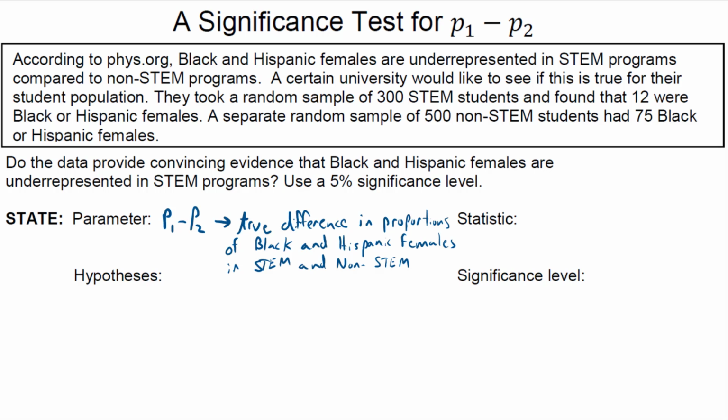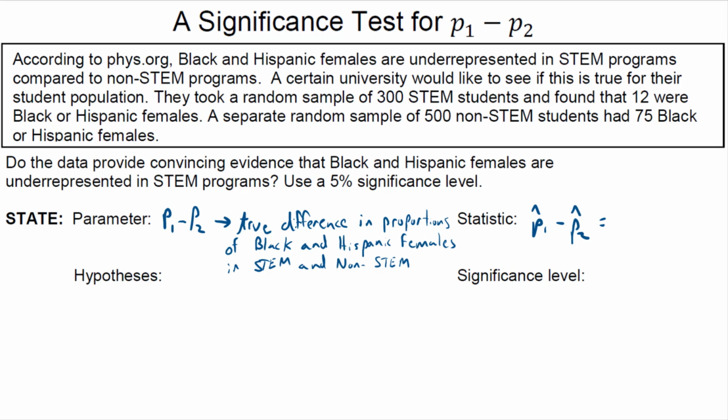Now, let's talk about our statistic here, right? So our statistic is simply going to be our P1 hat minus our P2 hat. So in other words, the same proportions from P1 minus P2. So for this, let's calculate that.